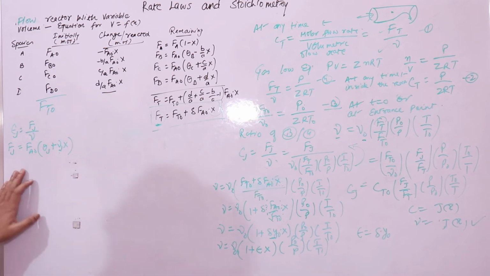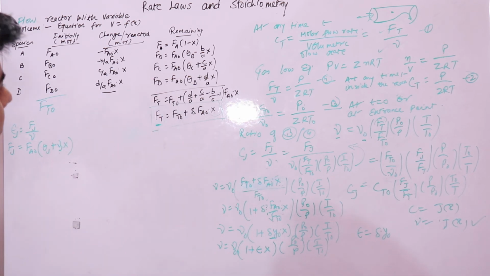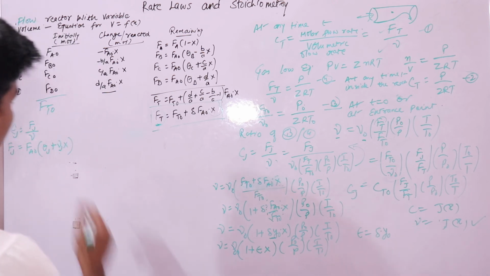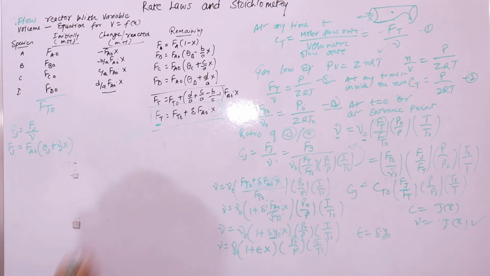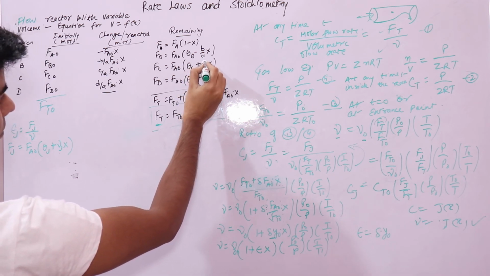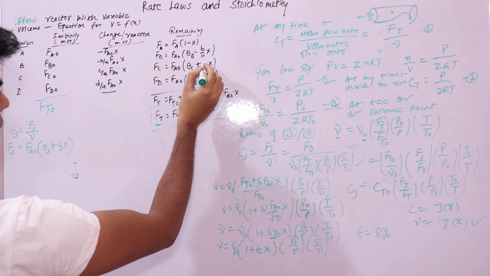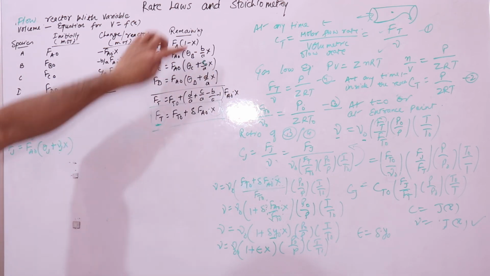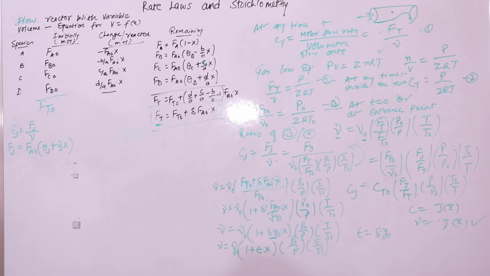For any species J, it would be taken from here, right? So this is your volumetric flow rate. What does this represent? C upon A. This is moles of species J, moles of species D, right? Similarly, moles of species A, right?